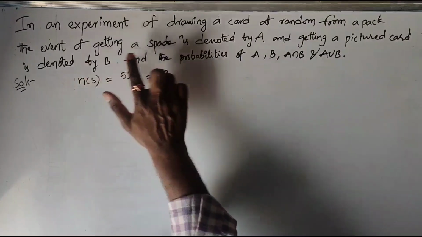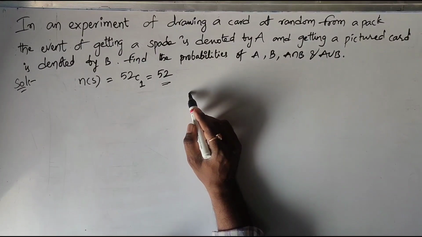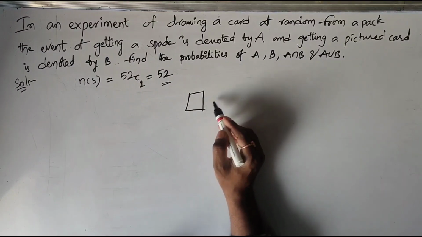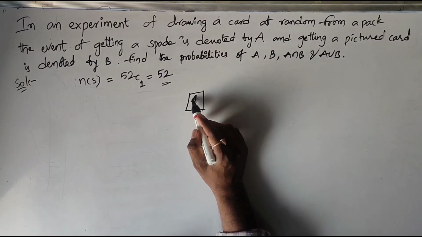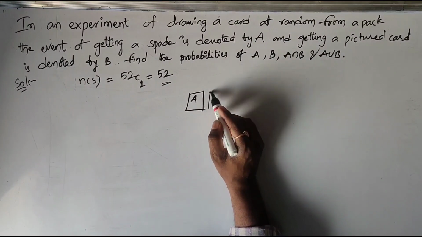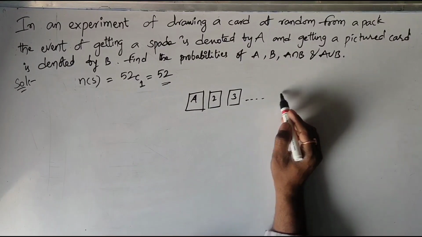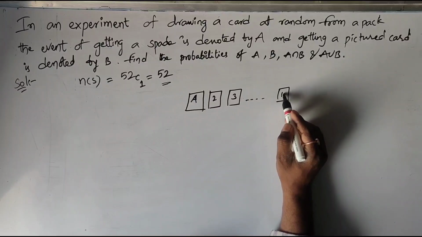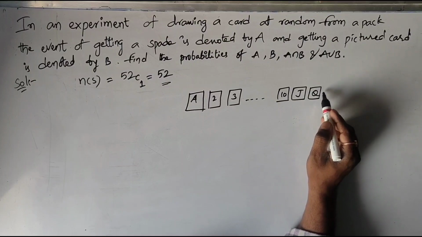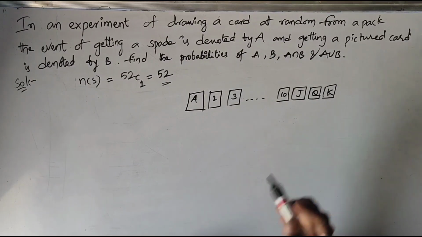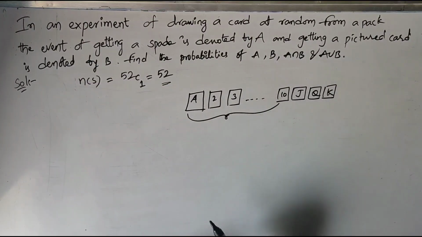Next, the event of getting a spade. In these 52 cards, which types of cards are there? I will write the types of cards here: A, then 2, 3, and so on up to 10, J, Q, K. So A to 10 are 10 cards.